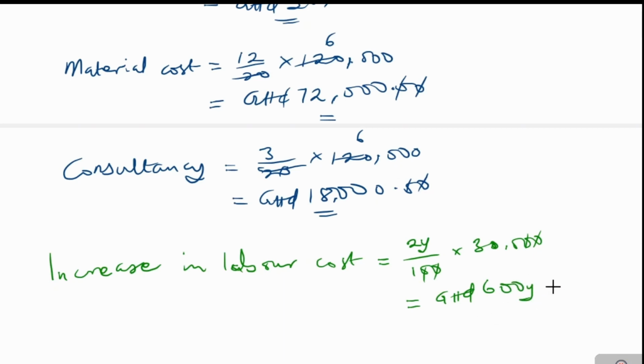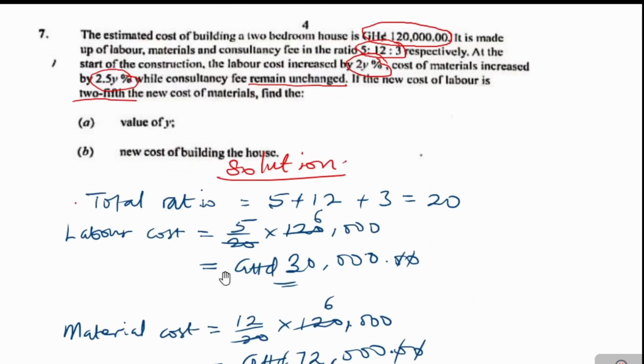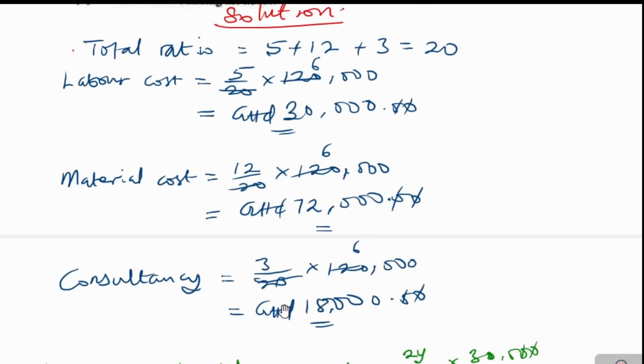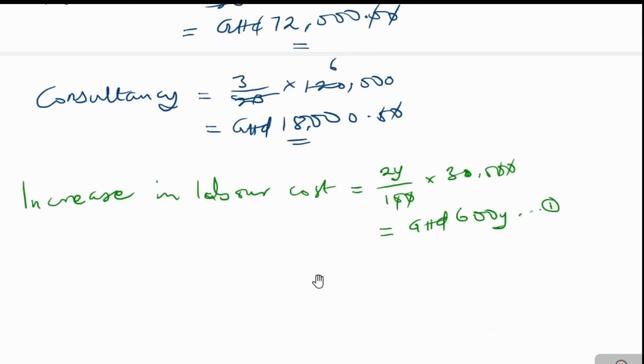And let's make that equation 1 because the y there is not a number, meaning that we'll come back to it to work out what the y is. So let's get back to the increase in material cost. So just like the increase in labor, you are going to take 2.5y% of the material cost, which is 72,000 Ghana cedis. Let's take that quickly.